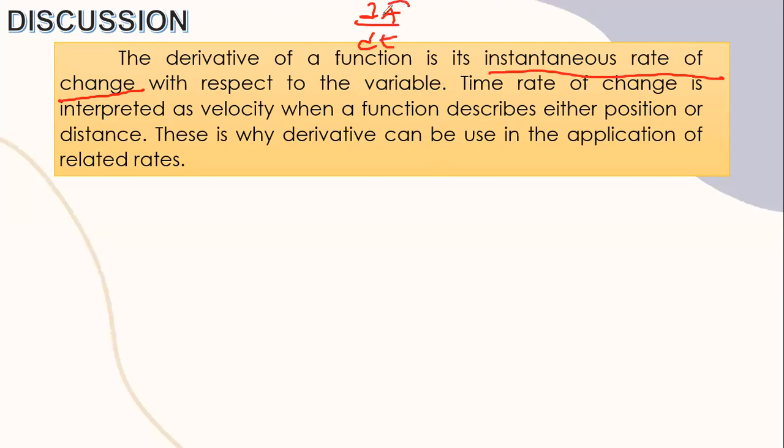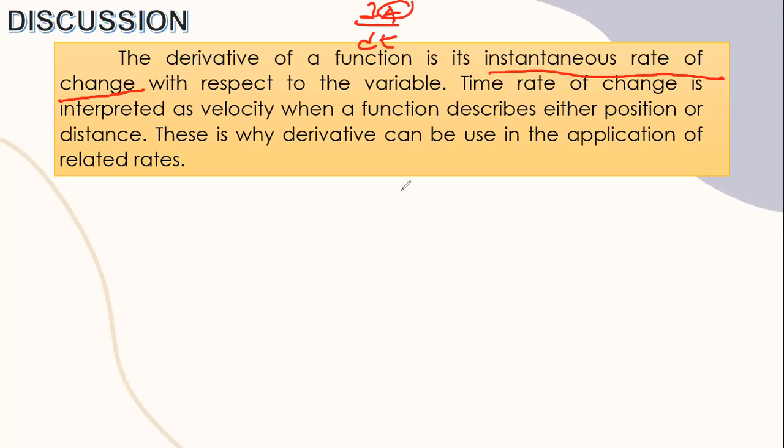Okay, yung area yung nagbabago with respect to time. That is the rate of change with respect to time. So time rate of change is interpreted as the velocity when a function describes either position or distance. Okay, so this is why derivative can be used in the application of related rates.